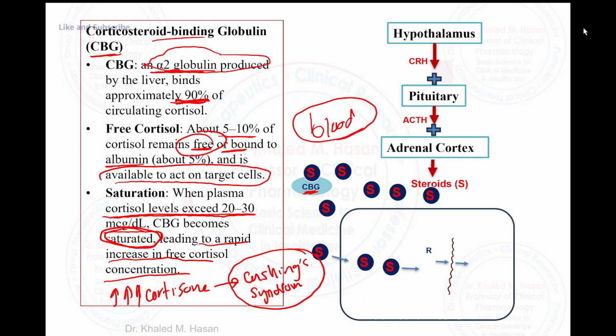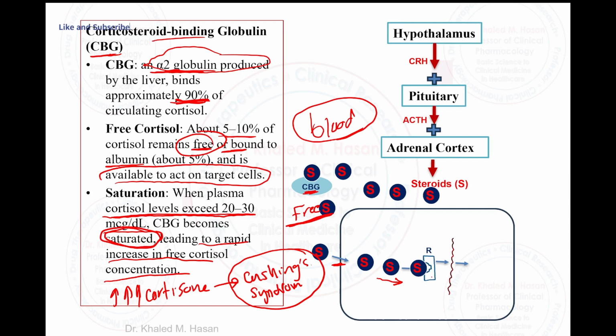What we have here is free steroid, and the free steroid is able to enter the cells and cross the cell membrane. It enters the cell and arrives at the nucleus, where it binds to the nuclear receptor.